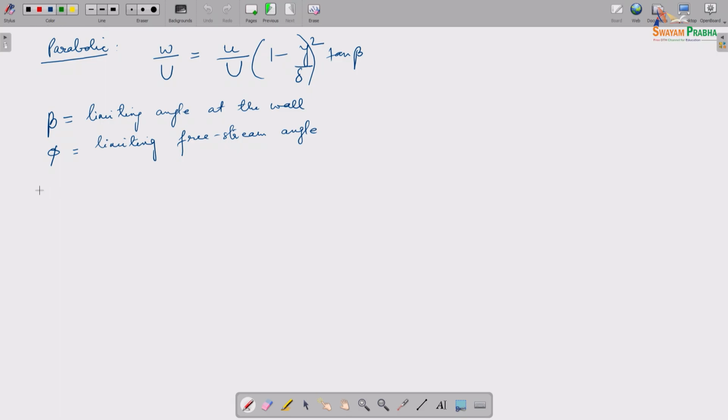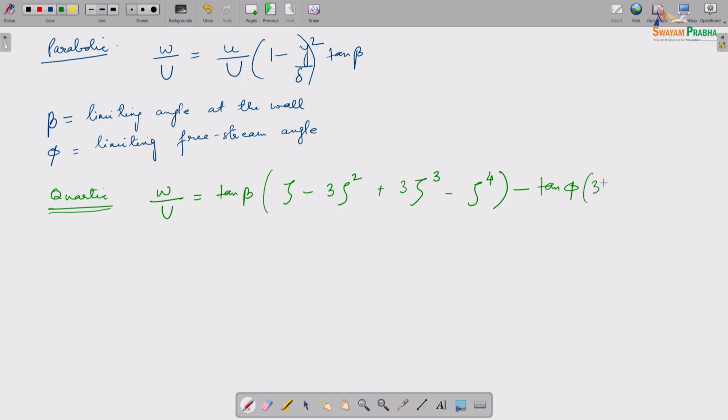Okay, so the quartic is more complex, and where we write W by U is equal to tan of beta minus tan of phi into 3, okay, and this zeta is actually equal to this.